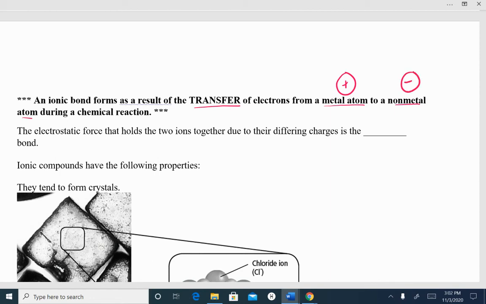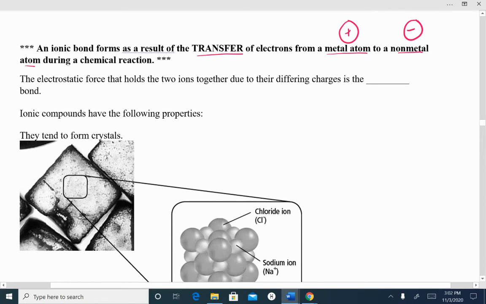And the attraction between the positive and the negative is what holds that molecule in place. Okay? It's kind of like dealing with little magnets. All right? So the electrostatic force that holds the two ions together due to their different charges is what makes the ionic bond.